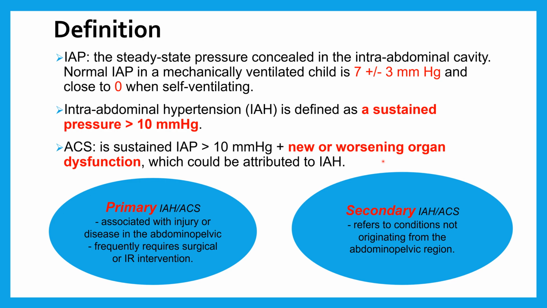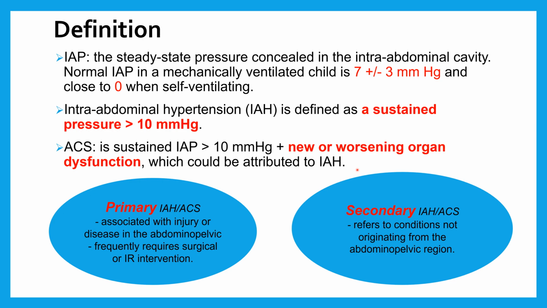What's the meaning of that? Like we have here the abdominal pressure is more than 10, plus kidney failure, or ischemic colitis, or difficulties in managing the patient respiratory-wise, due to intra-abdominal hypertension.